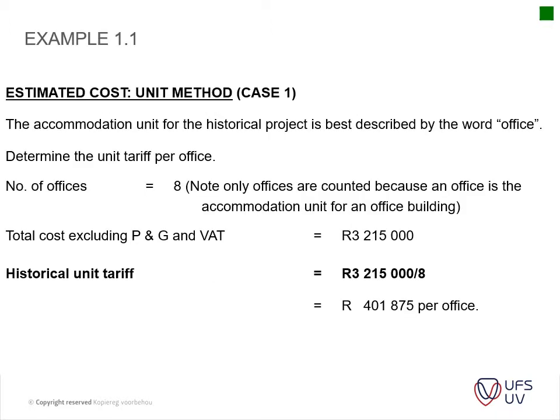So let's look at example one. You've got your historical data, which is given there on page 1.11. Please have a look at that. You're given all of that information. I think the total cost is calculated at 3.9 million.